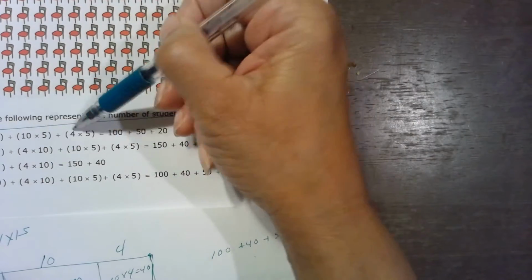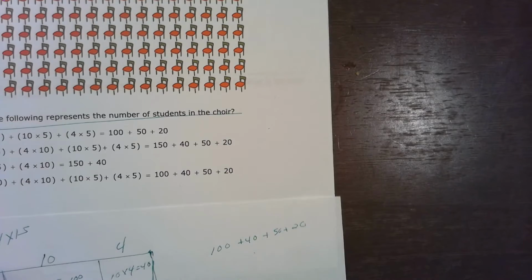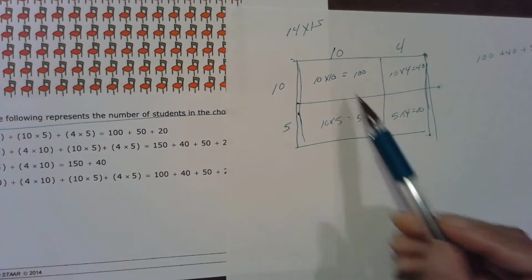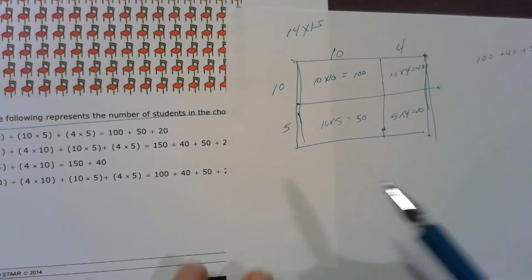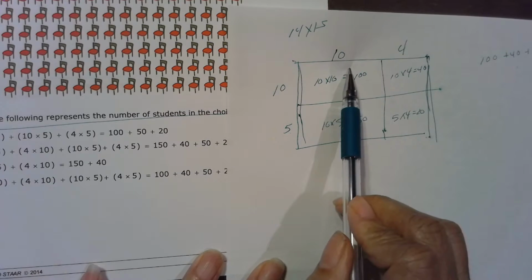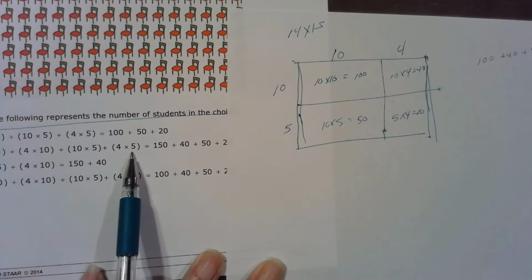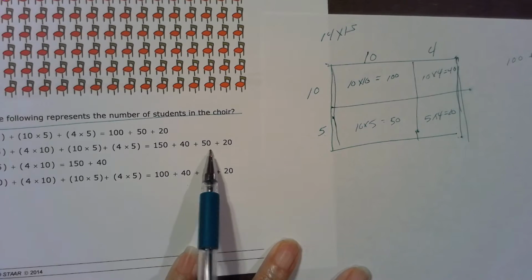Well, this one only has 3. It only represents 3 of our squares in our area model. So F is out. G, it does 10 times 15. It's not broken up all the way. And if you look at our answers, we have 150, 40, 50, 20.